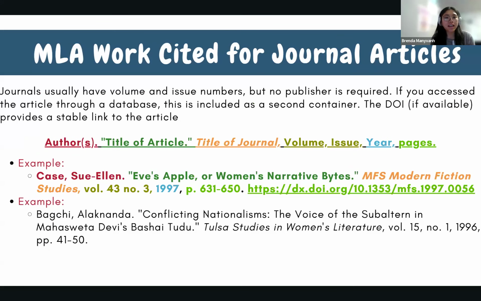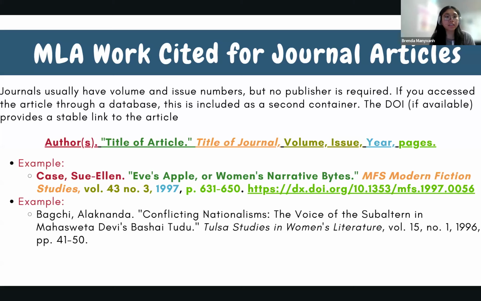Thank you. And then now getting into journal articles. Journals usually have volume and issue numbers, so this is going to be a difference that you'll see. And then also another difference is that you're most likely going to have a DOI link at the very end because that's probably where you got the source from, like a database, right?